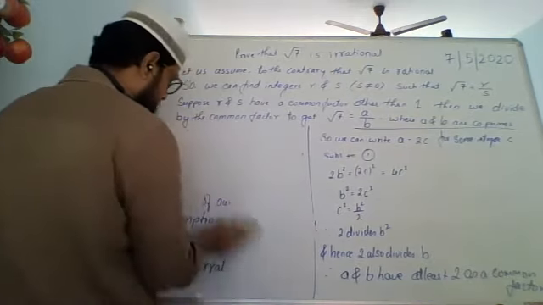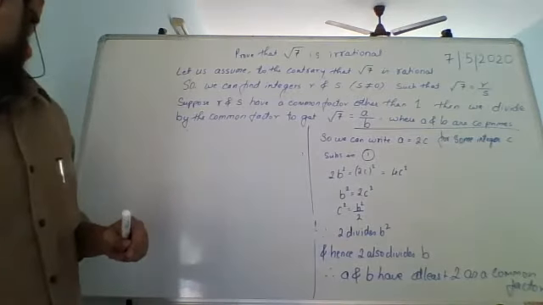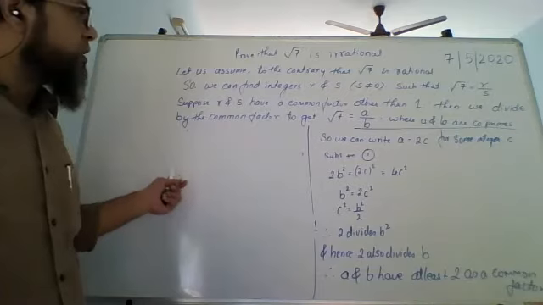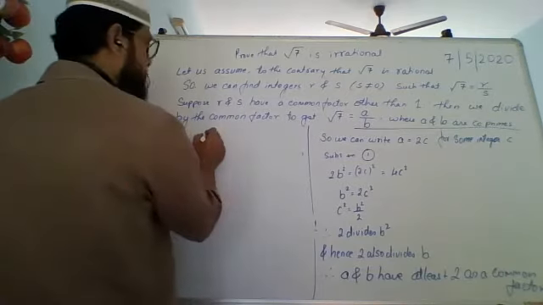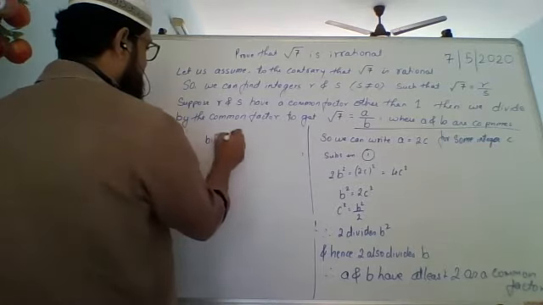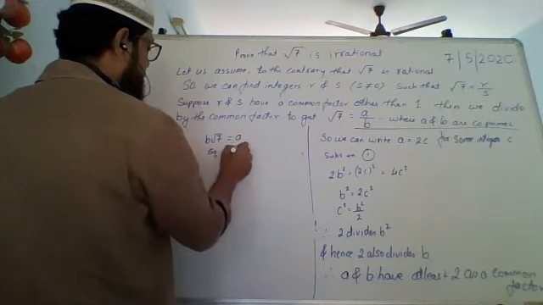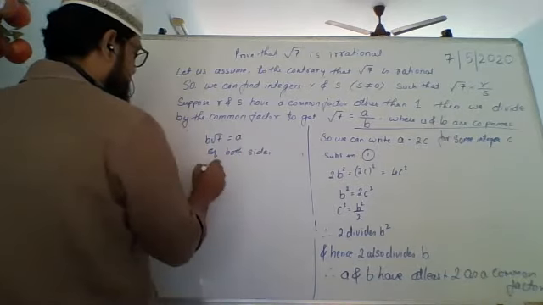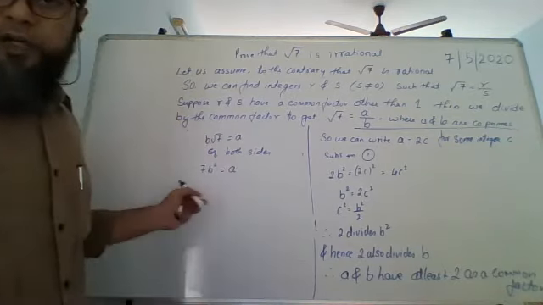Now the same steps I wrote earlier, I am going to repeat. Where a and b are co-primes. So b root 7 equals a. Squaring both sides, what will I get? We had 2b square.